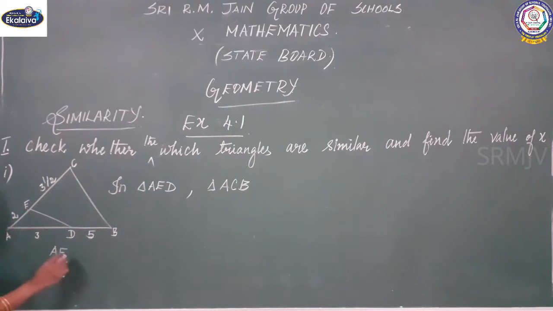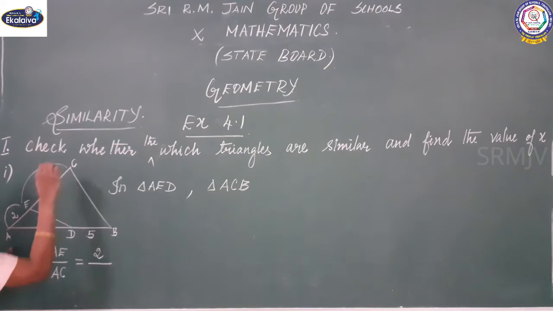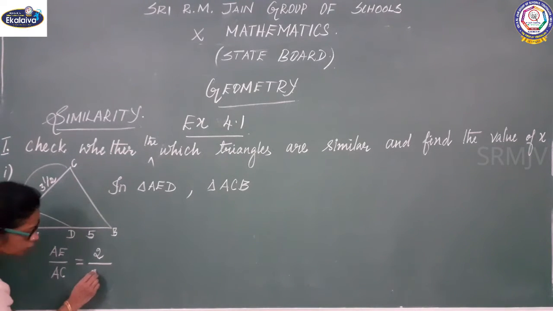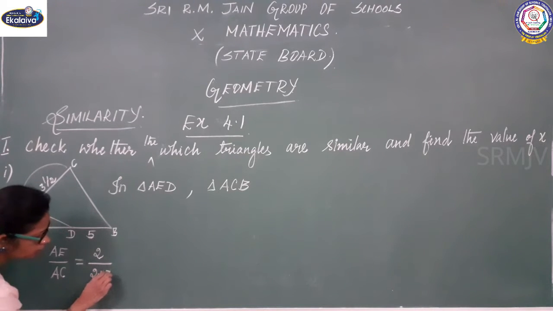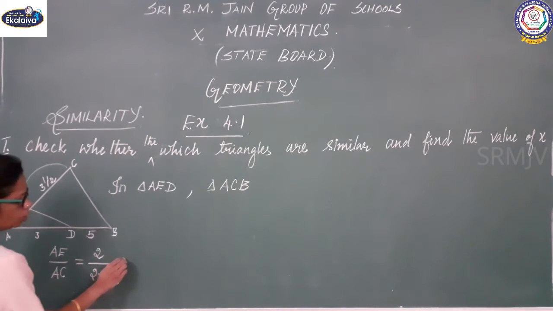What is AE? AE is 2. What is your AC? AC is nothing but AE plus EC. That is 2 plus 1 1/2.